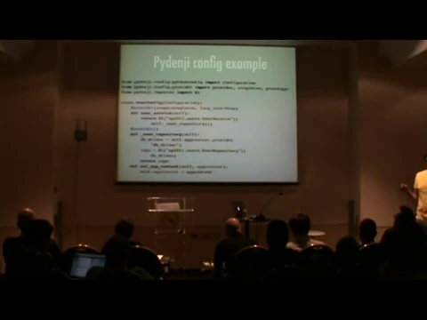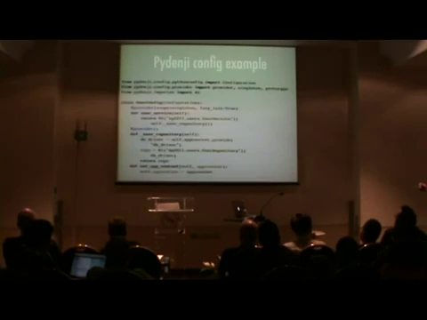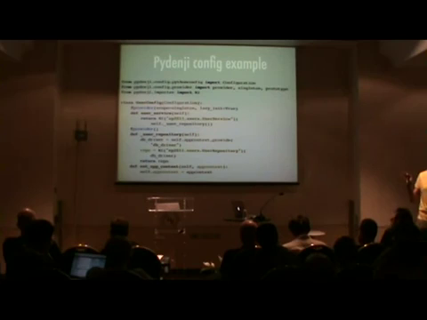The first time the user calls provide user service, you see the name here is the very same name of the method here. So this configuration provides to the external world a user service, an object called user service. It contains just configuration.